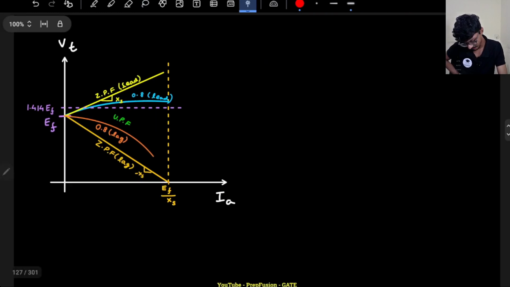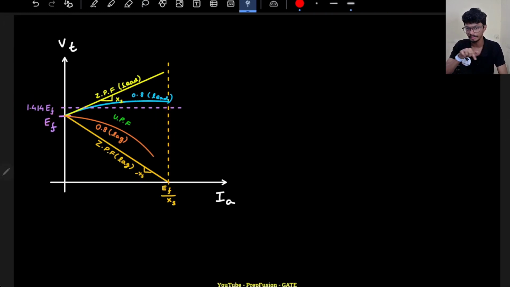Because at the same value of Ia, the Vt magnitude was 1.414 of Ef, root 2 times Ef.